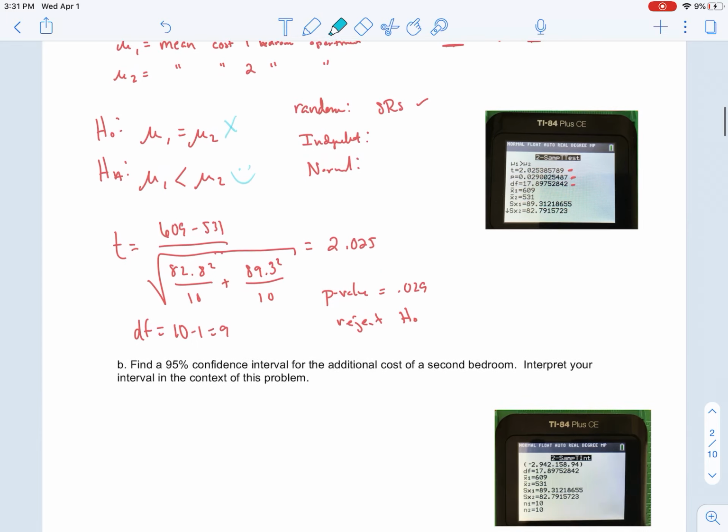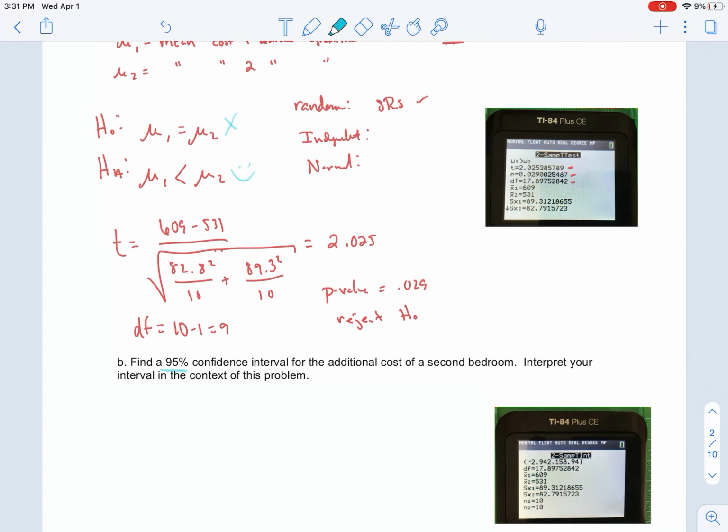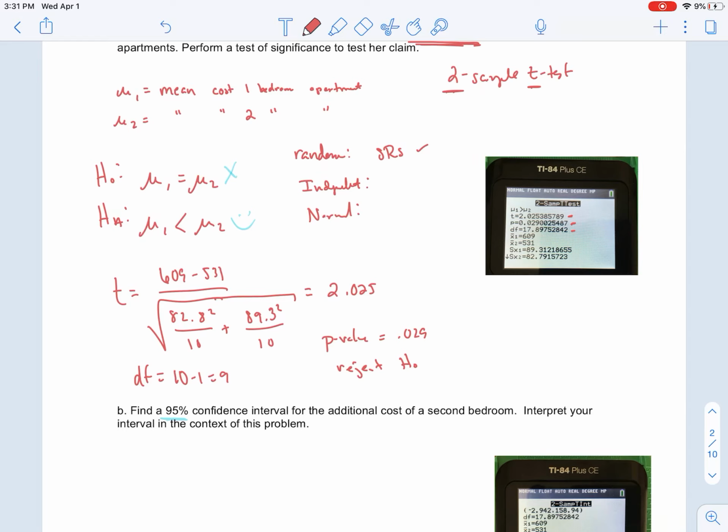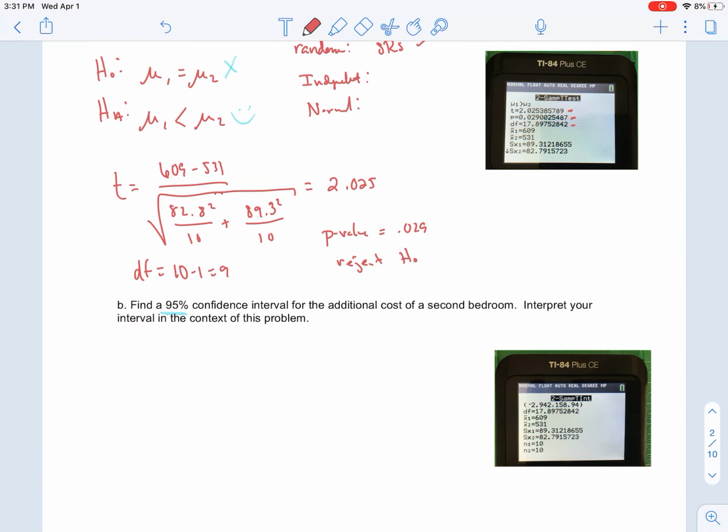If I were doing the same thing with a confidence interval, I would have all the same assumptions. I would have the same definition of terms. It would be a 2-sample t interval, and I would plug things into the calculator. I get this confidence interval. And so that means the difference in the cost of the 2-bedroom and the 1-bedroom.